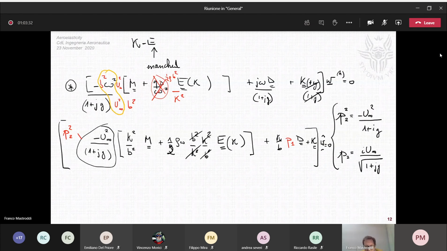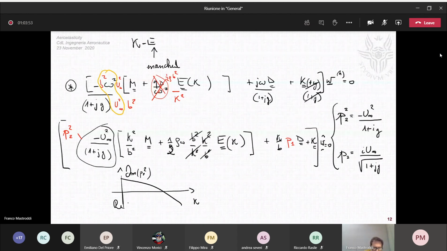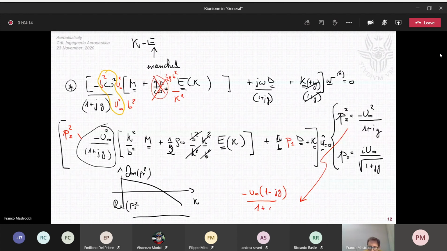Okay, so again this is the final result. You can plot k as a function, you can plot the imaginary part of p2 to the power 2 and also the real part, but now the meaning of these two parts is different. The meaning of p2 squared is minus u infinite minus jg divided by 1 plus g squared.